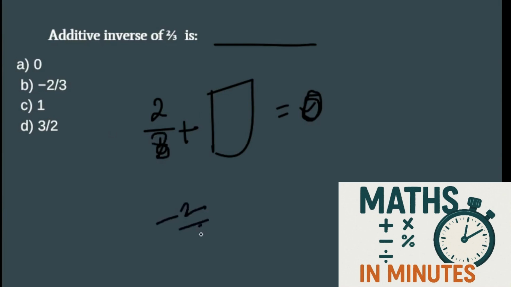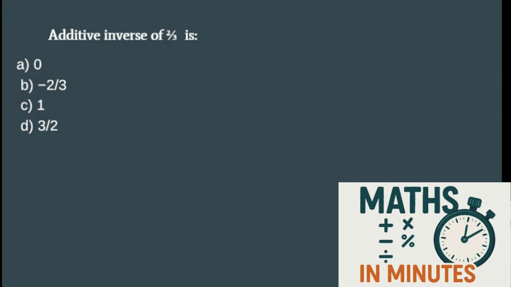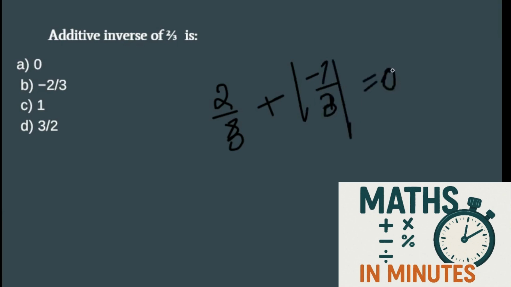If we add minus 2 upon 3. Option number B, right? Yeah. So additive inverse of 2 upon 3 will be minus 2 upon 3, because 2 upon 3 plus minus 2 upon 3 will give you 0, right?